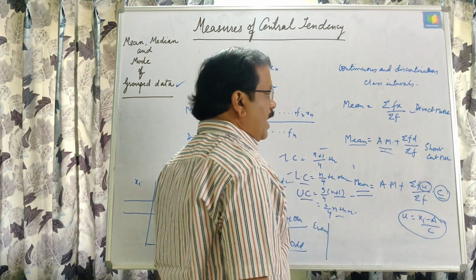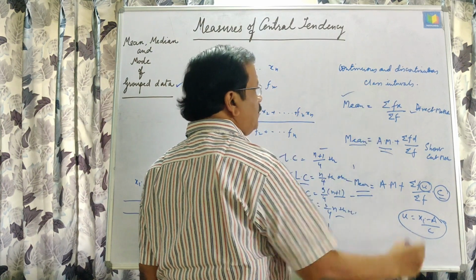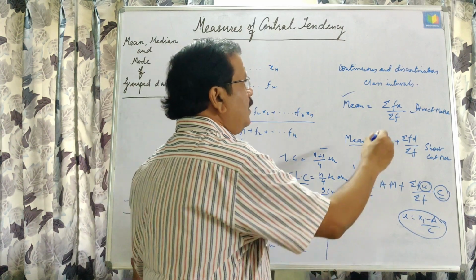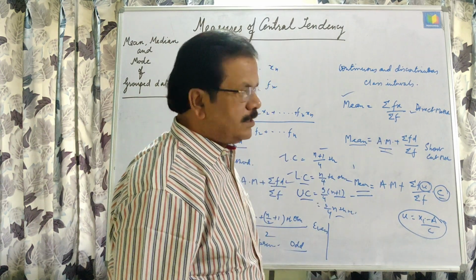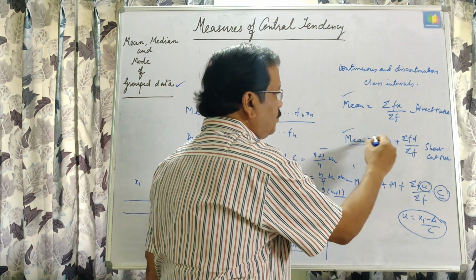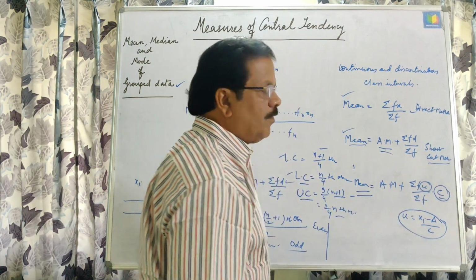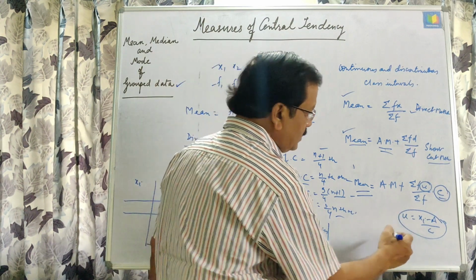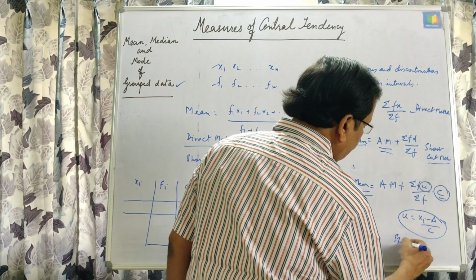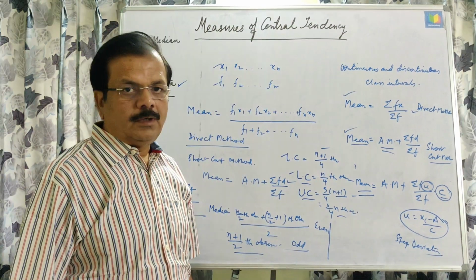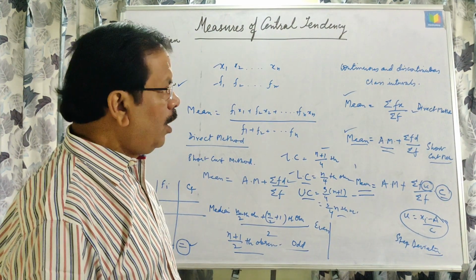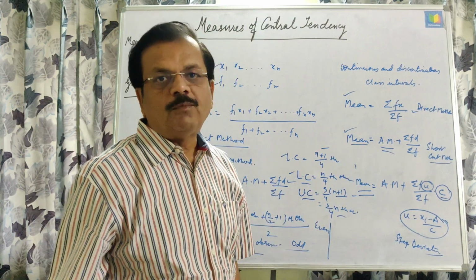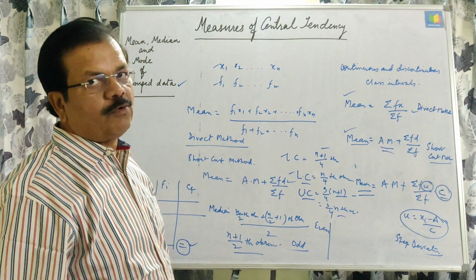Previously we were using the direct method, and as x and f become larger, we move to the shortcut method, and for even larger numbers, we select the step deviation method for finding mean. Now I am going to do all types of questions so that each topic will be more and more clear. Now questions.